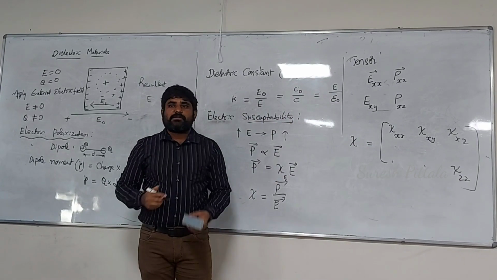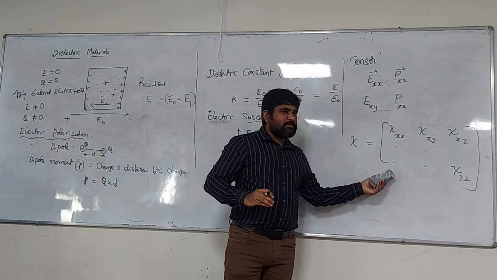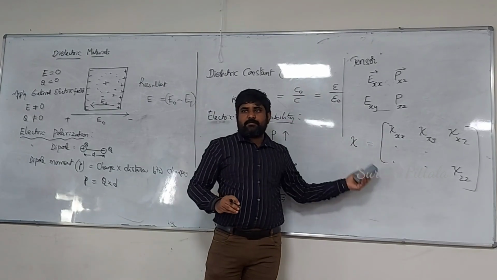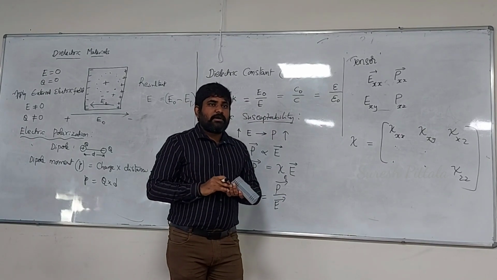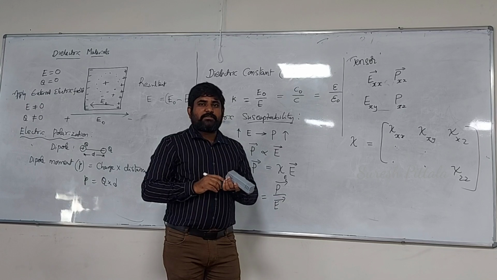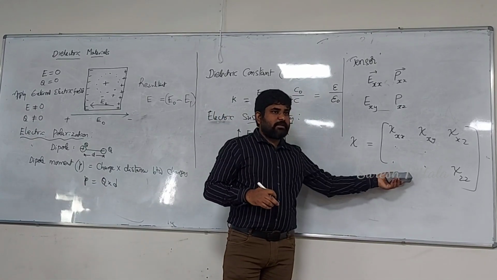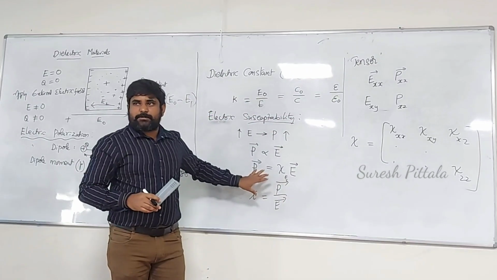Three-dimensionally you can apply and also you can measure. Okay, it is 3 by 3 matrices. So when you have certain kind of arrangement, you say chi is actually a tensor of matrix of rank. What is the rank? 3. 3 by 3. So that is the meaning of susceptibility kind.